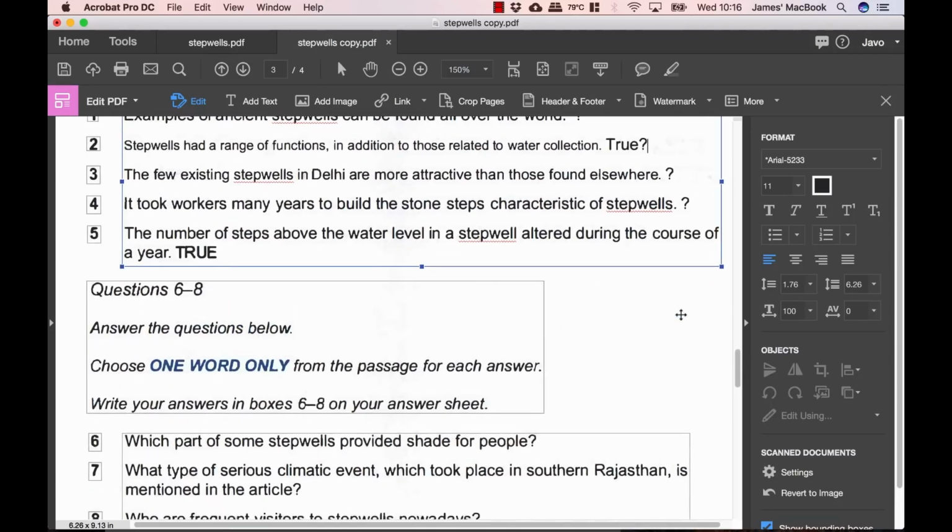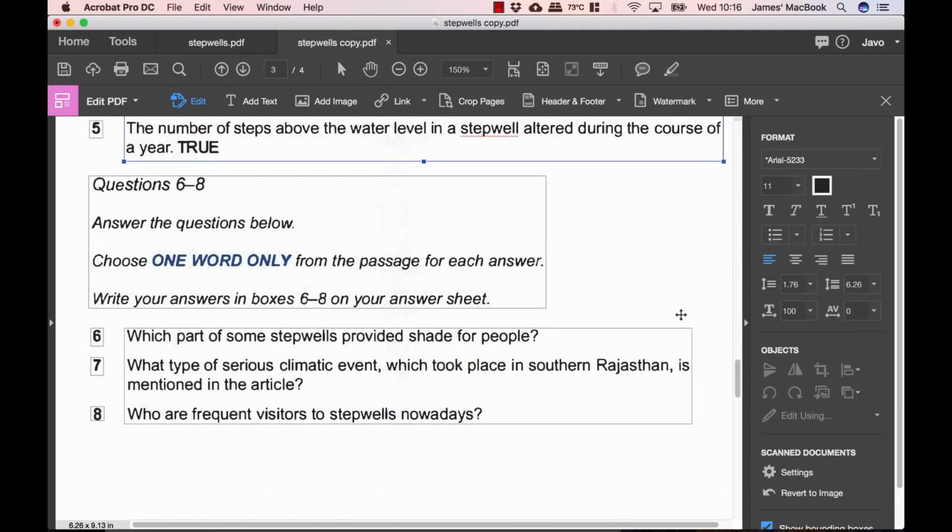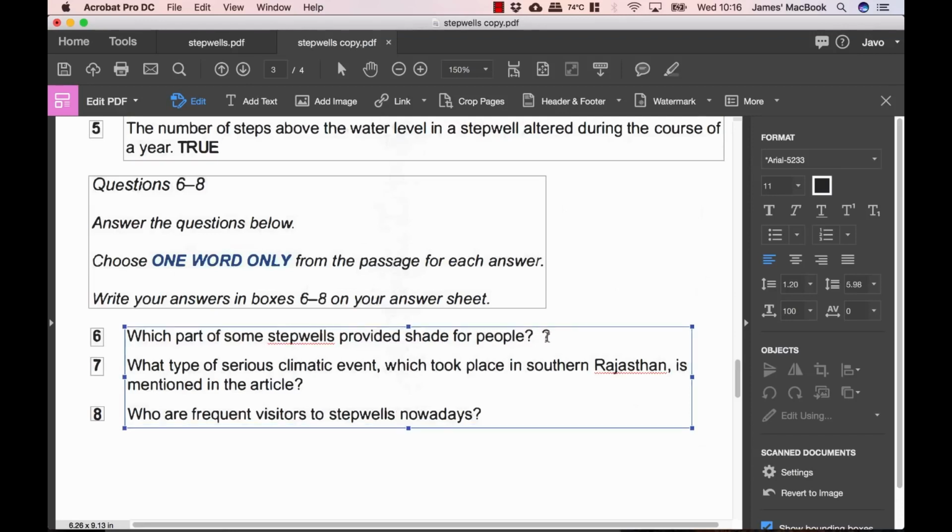Okay, now let's have a look at these here. Which part of the step provided shade for people? Okay, we still need to think about that one. Serious climatic event. Southern Rajasthan is mentioned in the article, so we're looking for Rajasthan. And who are frequent visitors these days?